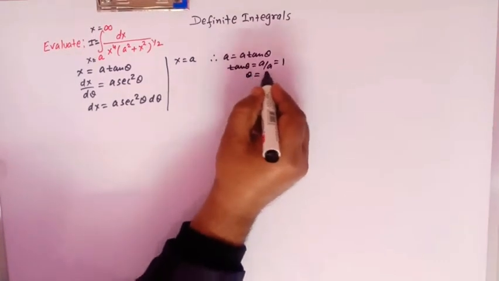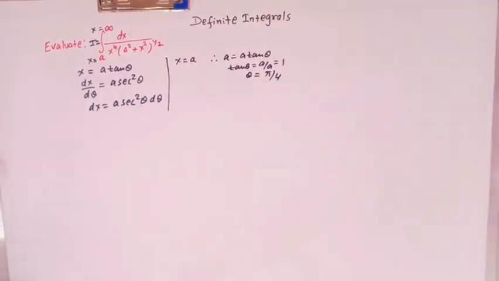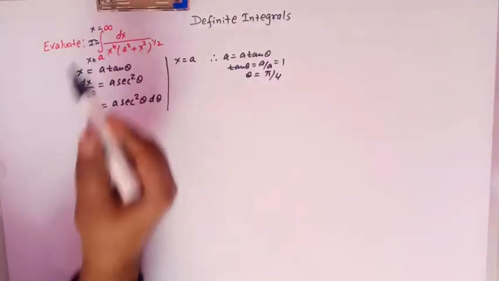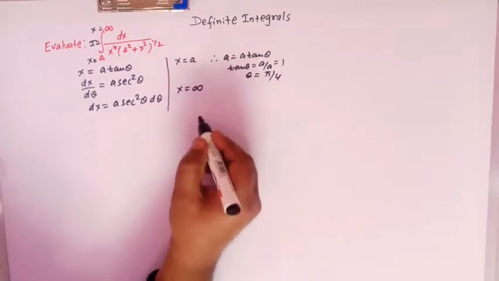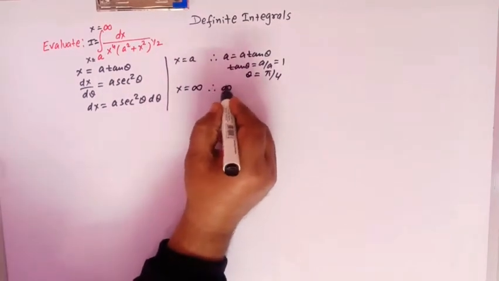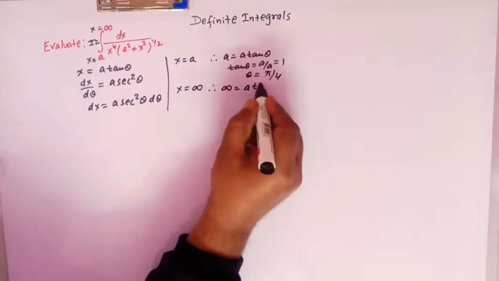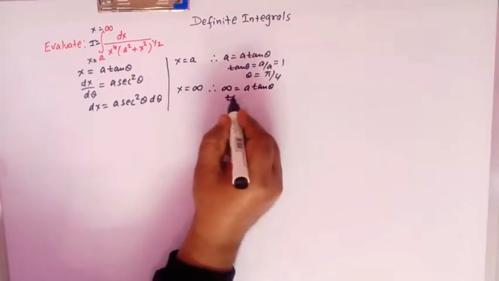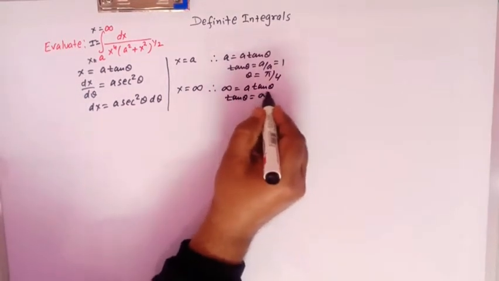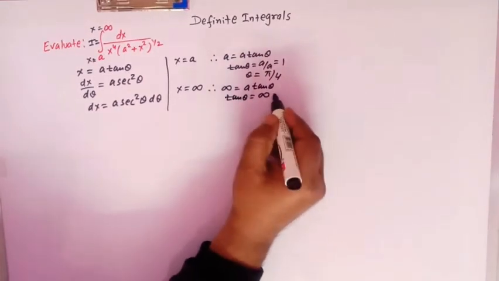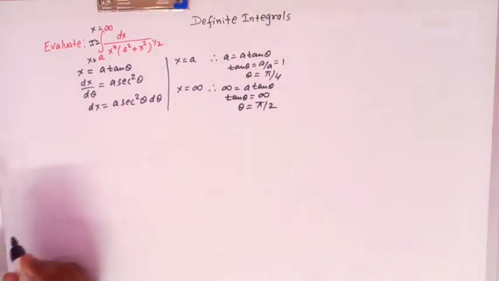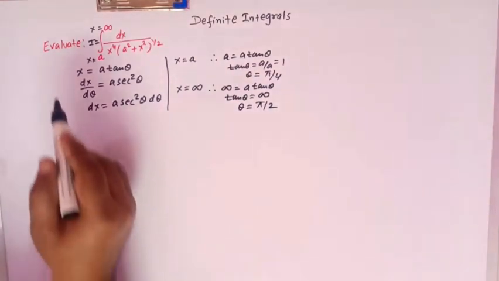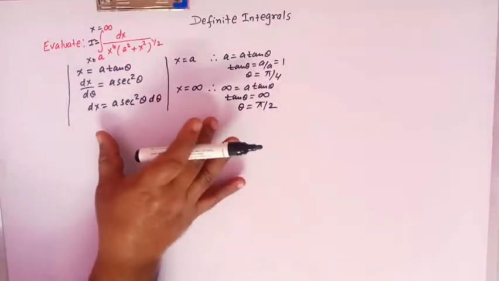So theta is pi by 4. Now when x is equal to infinity, then infinity is equal to a tan theta, and tan theta is equal to infinity over a, that is infinity. So theta is equal to pi over 2. So in the first step we have done this.